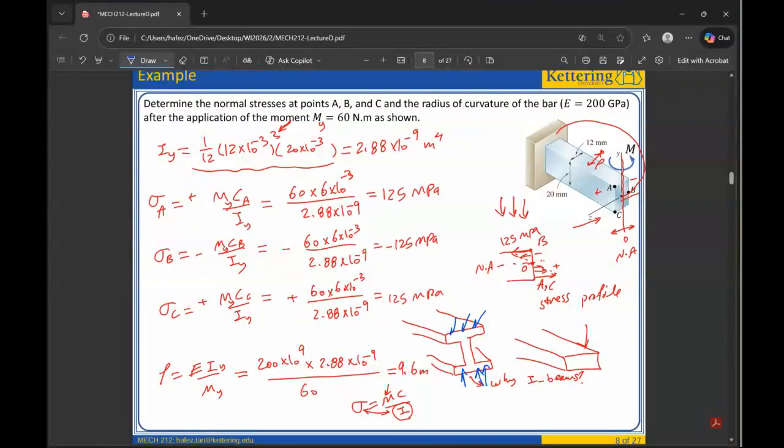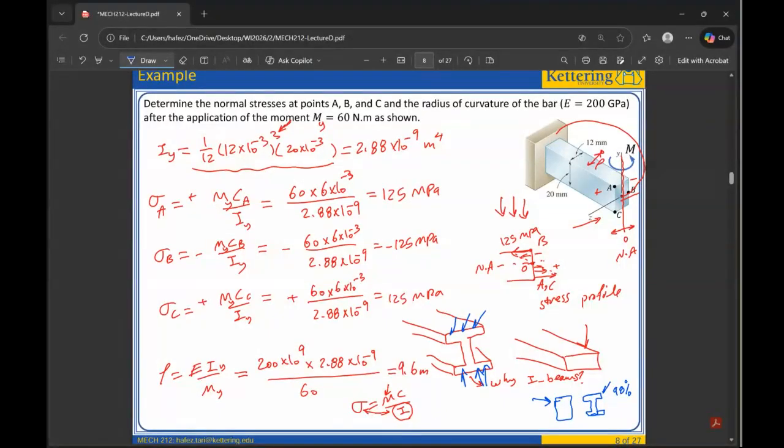But in general, if it's this geometry or the corresponding I shape without any chemical treatment, then this is stronger, but the I shape might be about 98% as strong. So really it makes sense to use the I shape.